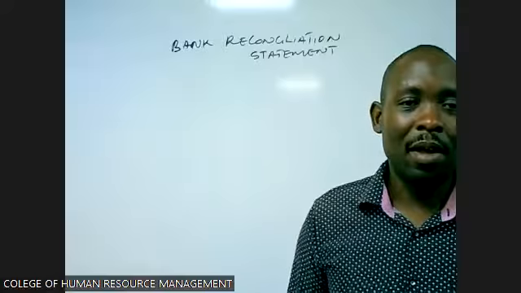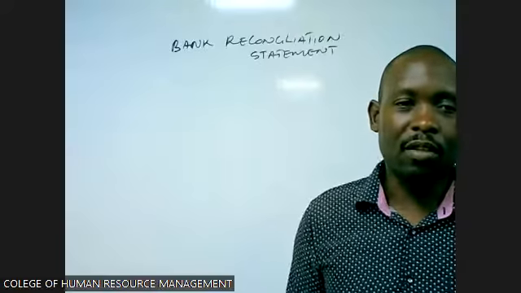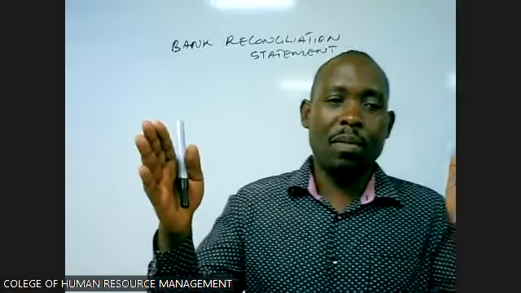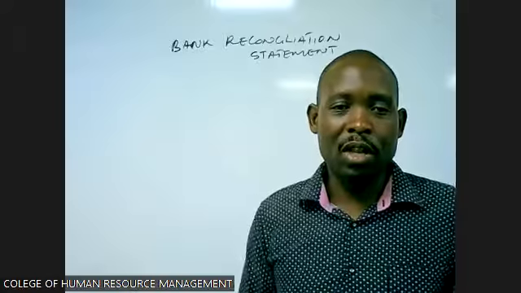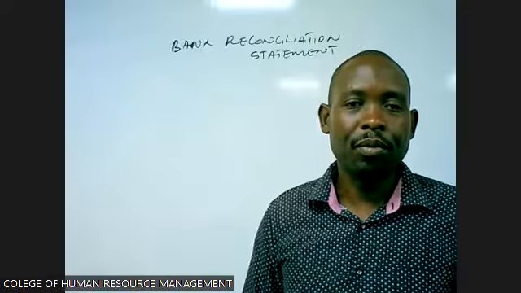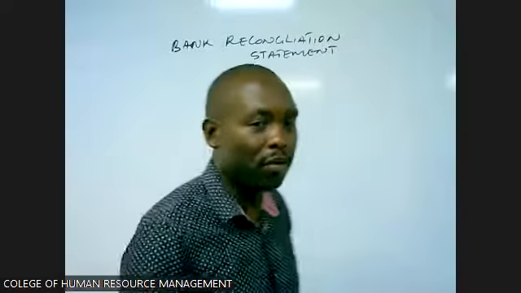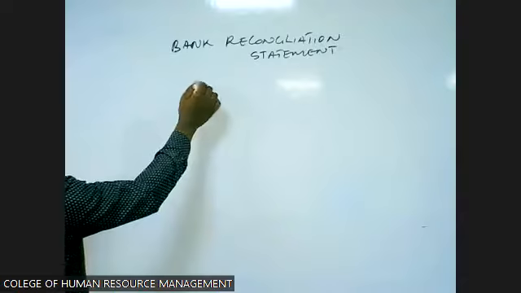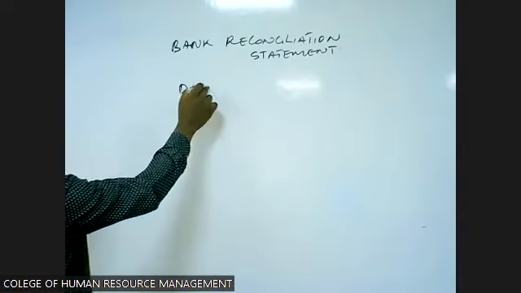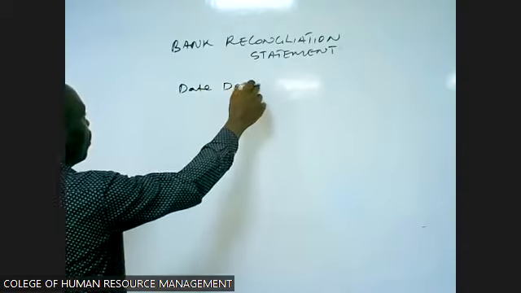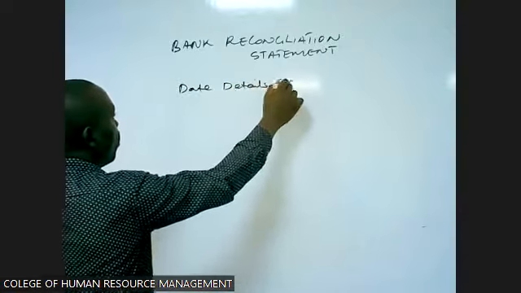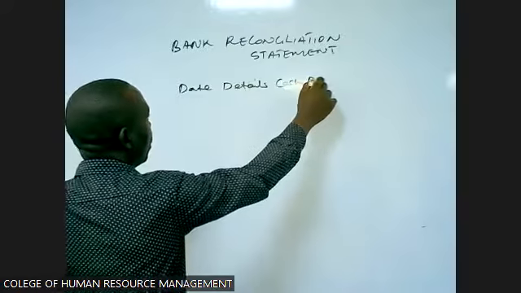statement balance may differ. In most cases, when the accountant has prepared the cash book in the business, remember the cash book has got the following format. We have got the date, the details, that is, the 2-column cash and bank.